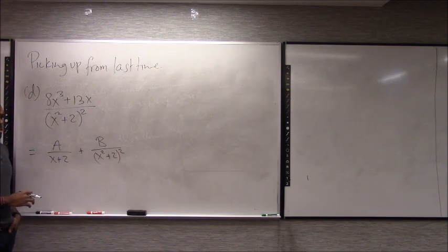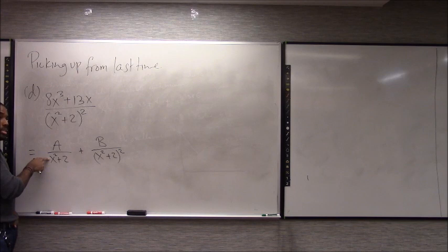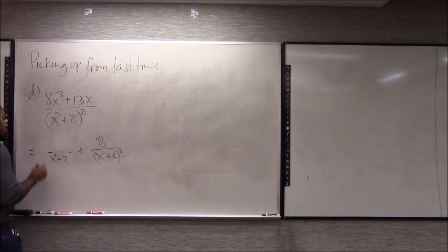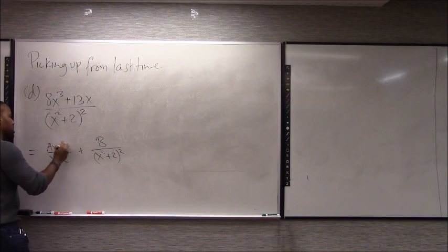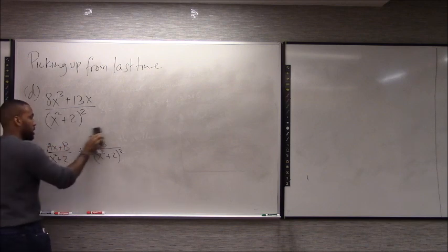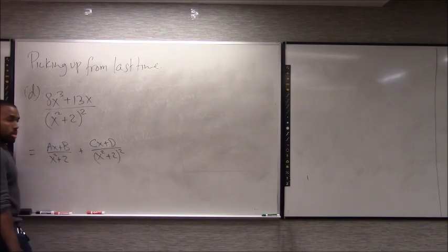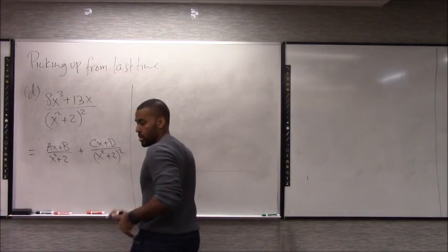What's off here? Oh, the x squared. It's supposed to be x squared for both of them, and then we have to add ax plus another constant. Right, so once that's x squared, the top needs to be 1 degree lower. So this should look like ax plus b, and this would look like cx plus d. That's the first step.